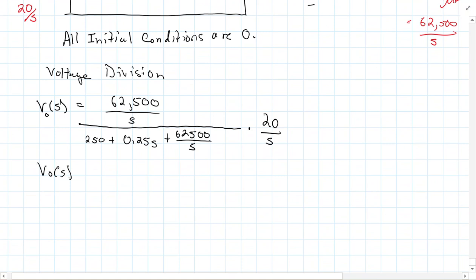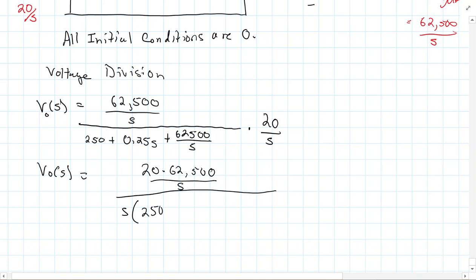V out at S is 20 times 62,500 over S, divided by S times 250 plus 0.25 S plus 62,500 over S. Why am I doing it like this?